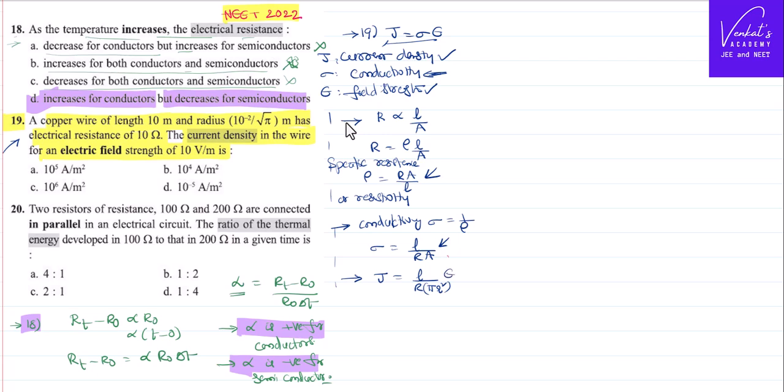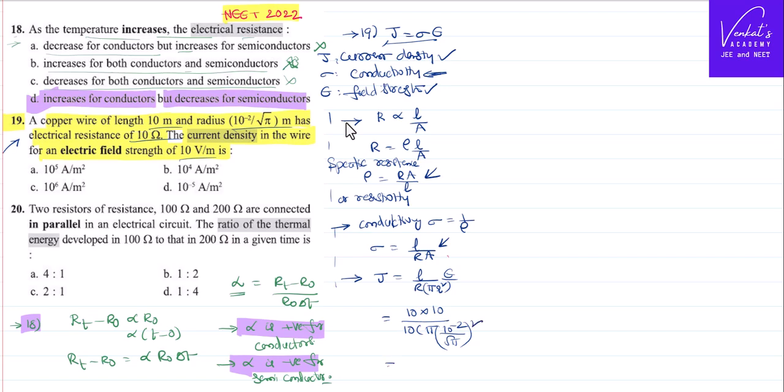You can just substitute the numbers: length is given as 10 meters, electric field intensity is given as 10 volt per meter, resistance is given in the problem as 10 ohms, to make your calculation simple, and the radius is given as 10 power minus 2 by root pi, whole square.